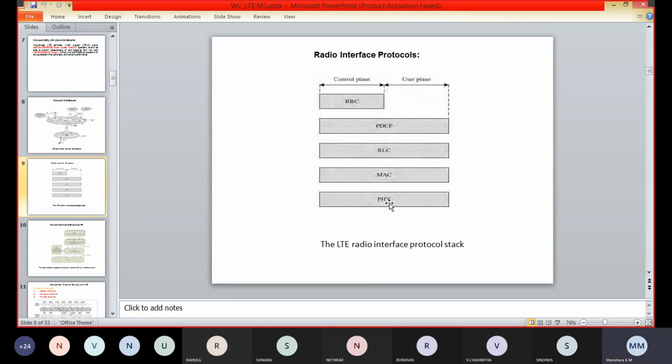The physical layer is also responsible for various control mechanisms such as signaling of HARQ feedback, signaling of scheduled allocations, and the channel measurements.